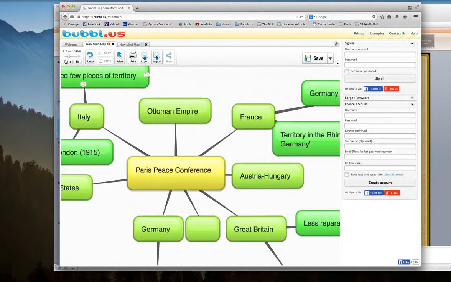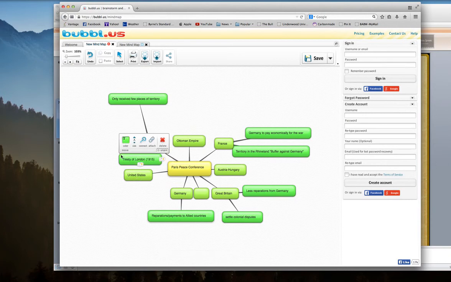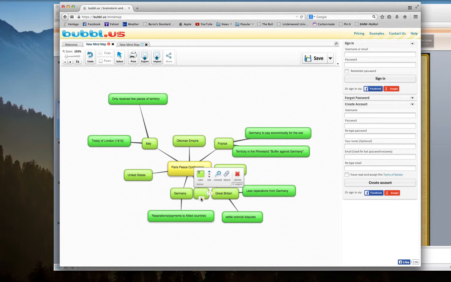So if we look at our mind map, we expand it out a bit. Why don't we make these different colors? If I can only figure it out. Sometimes this technology doesn't want to cooperate.